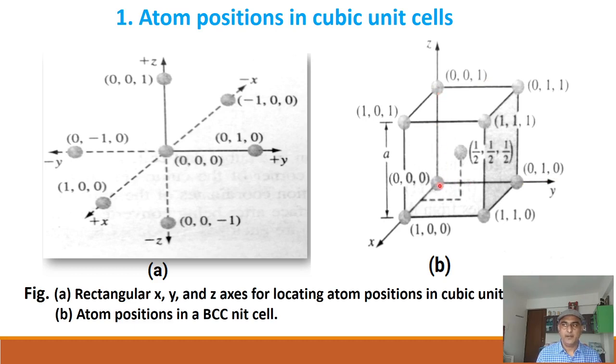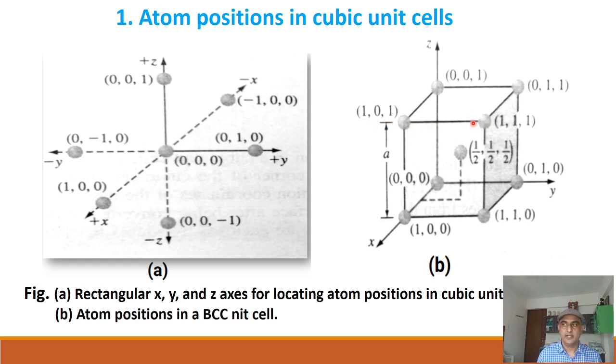Here, this point is located at a distance of 1 along x, y is 0, and z is 1, so 1, 0, 1. Similarly, this point is located in space, and its dimension is written 1, 1, 1 because it is at equal distance of 1 along each axis.